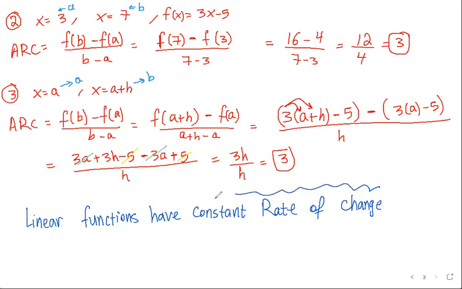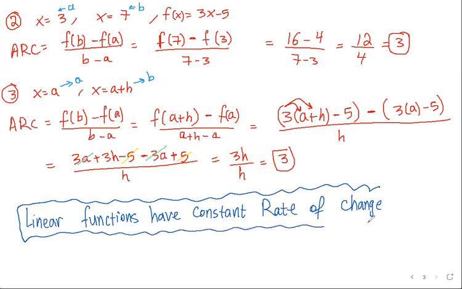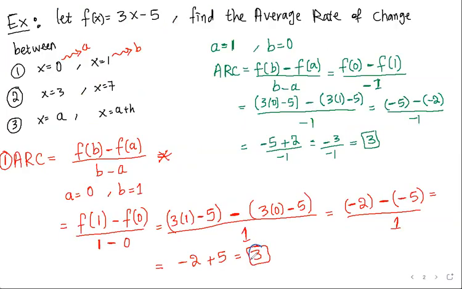The rate of change is fixed for a linear function. It will not change for any two numbers. So that's why they give me 3, 3, and 3 again.